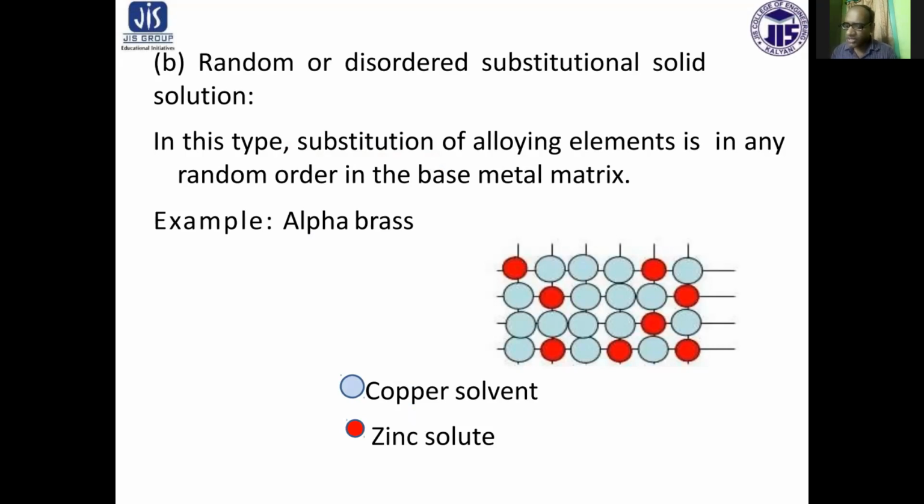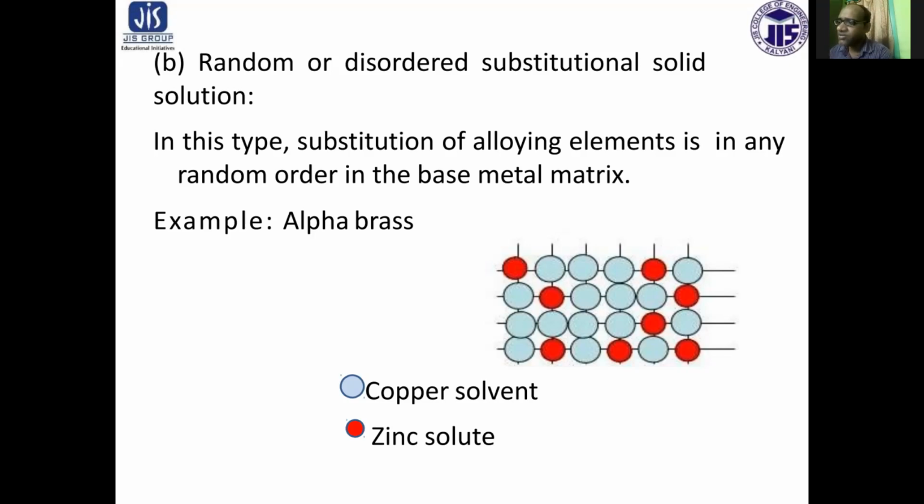In this random or disordered case, as shown in the figure, zinc is the solute and copper is the solvent. The zinc atoms are placed into the copper solvent, but they are not regular; they are situated haphazardly, randomly or disorderly as shown in this figure.